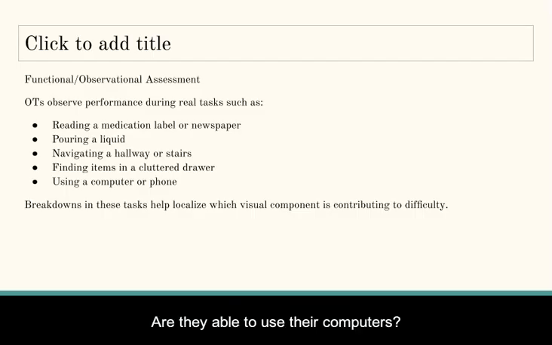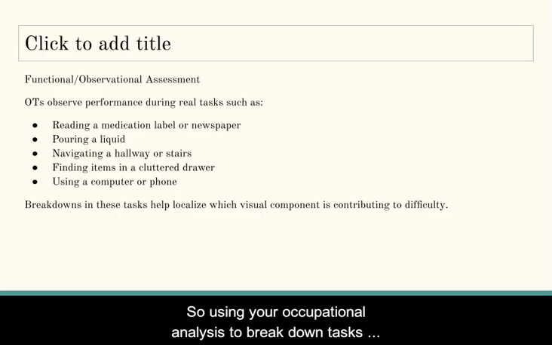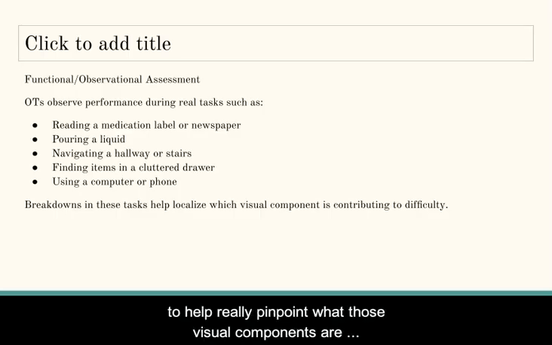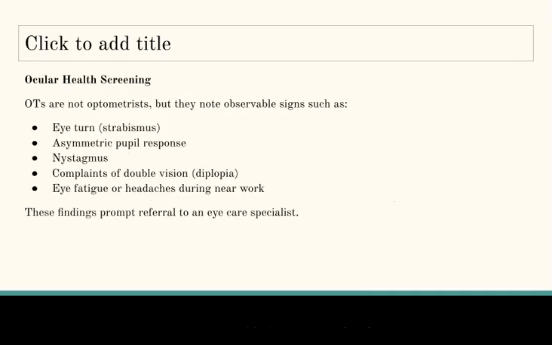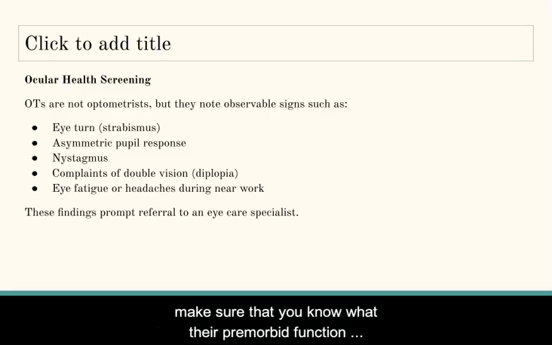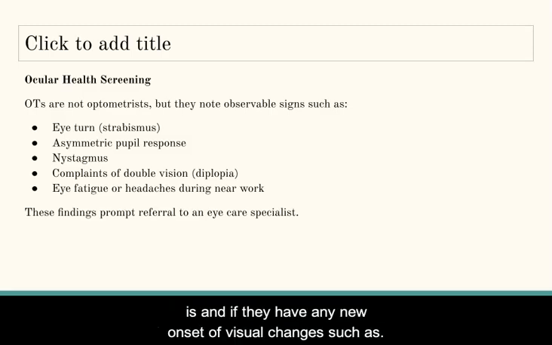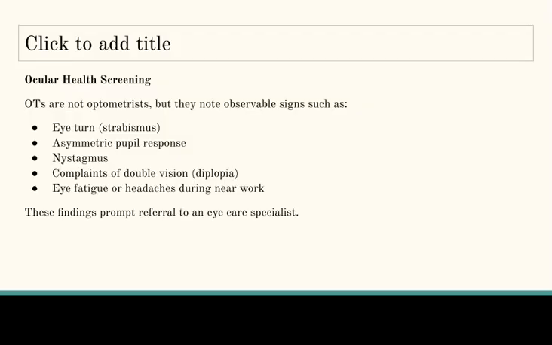Are they able to use their computers? So using your occupational analysis to break down tasks to help really pinpoint what those visual components are that might be contributing to difficulty. We talked about this. You doing an ocular motor health screening, make sure that you know what their premorbid function is and if they have any new onset of visual changes, such as nystagmus, so uncontrolled beating of the eyes, double vision, eye fatigue or headaches.